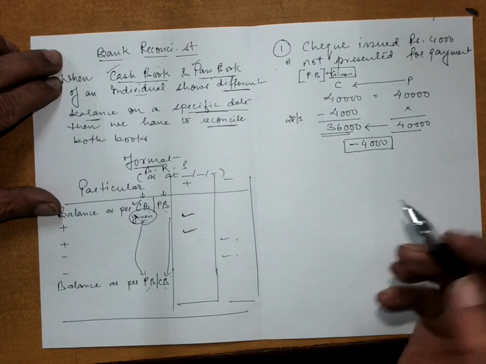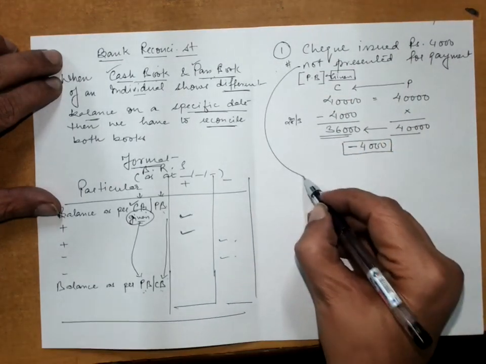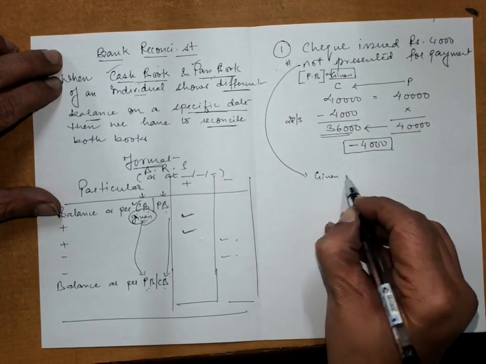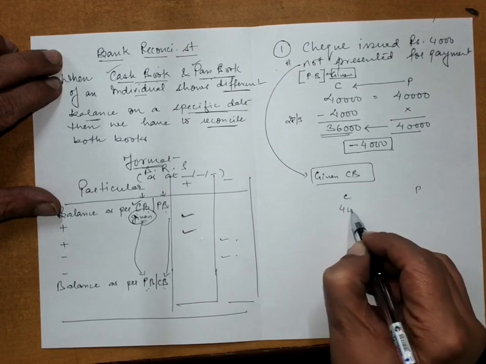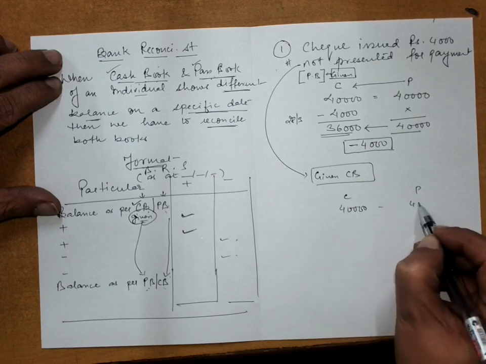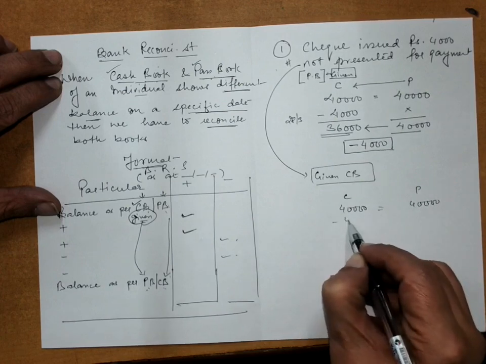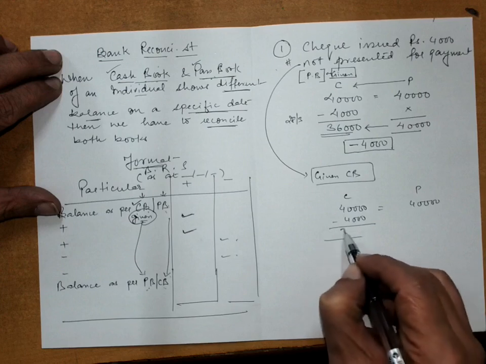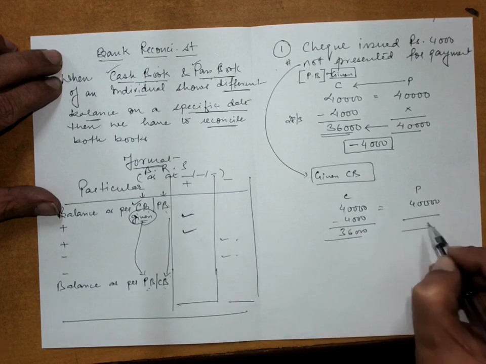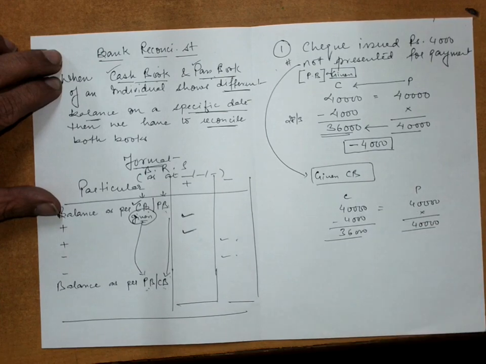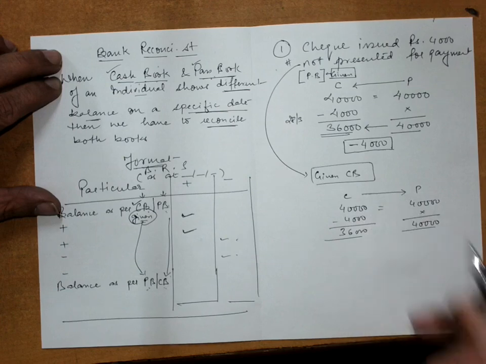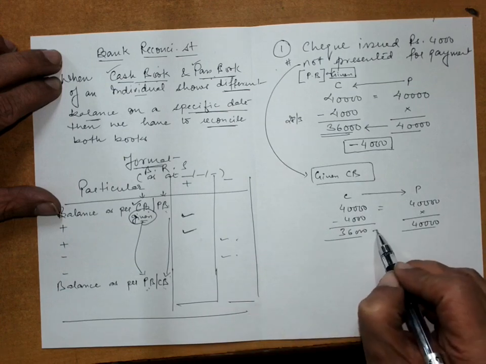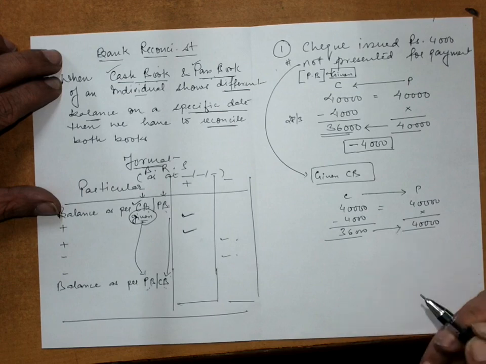Now if in the same question, my given balance was of cash book and the scene was something like this, 40,000 and 40,000. I issued a check of 4,000. It was 36,000. Not presented in bank, will still be 40,000. But if balance given was cash book, means I have to start from cash book and lead to passbook. Start from cash book, proceed towards passbook.